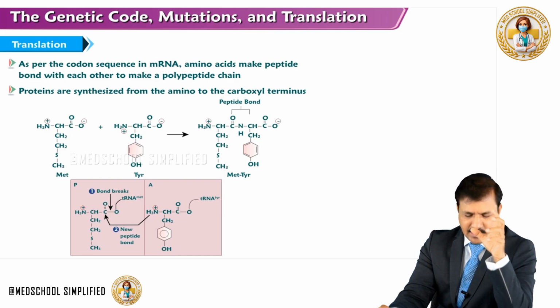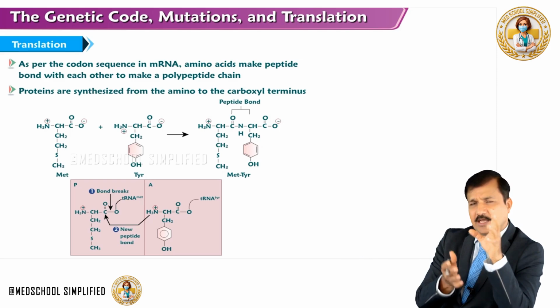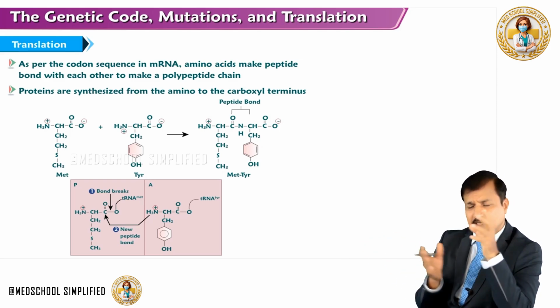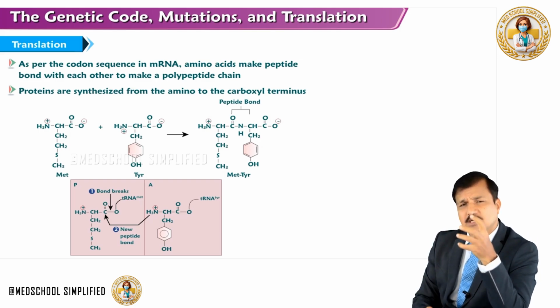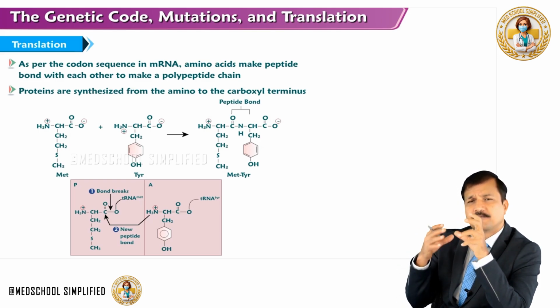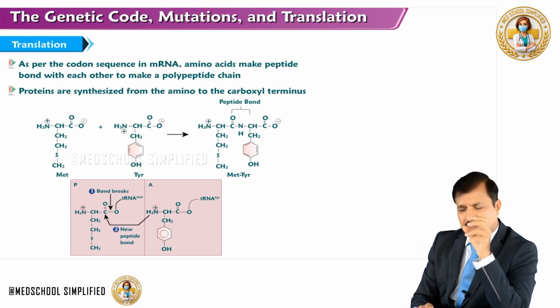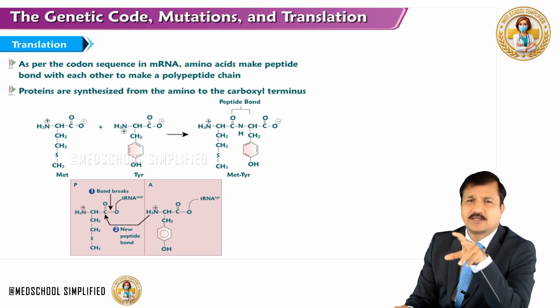There is an aminoacyl tRNA in the P site, which is the first one, and then an aminoacyl tRNA comes into the A site, bringing a new amino acid. The carboxyl group of the first amino acid is going to make a peptide bond with the amino group of the incoming amino acid in the A site.